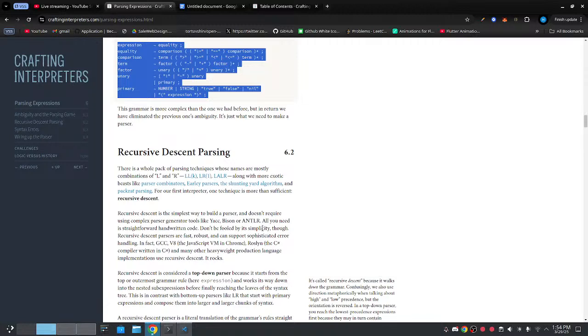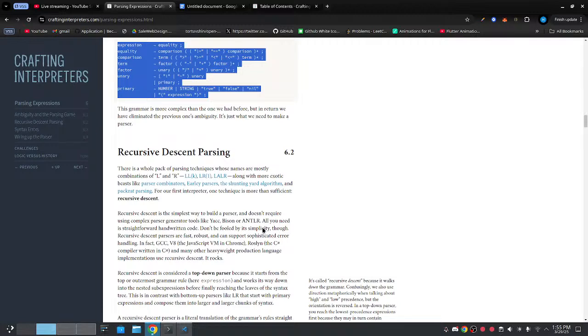LL, LR, LALR, CLR. There was something like CLR also. Along with more exotic beasts like parser combinators, Earley parser, shunting yard algorithm, and backward parsing.